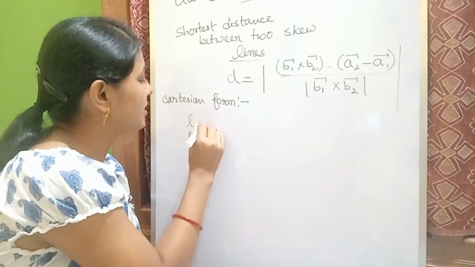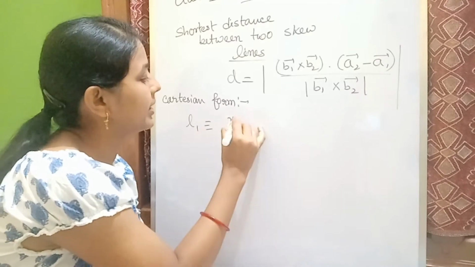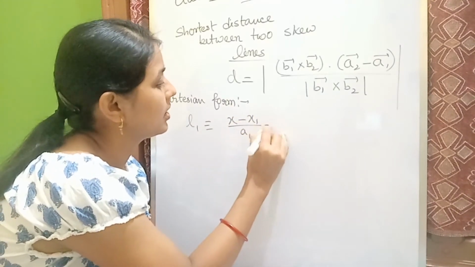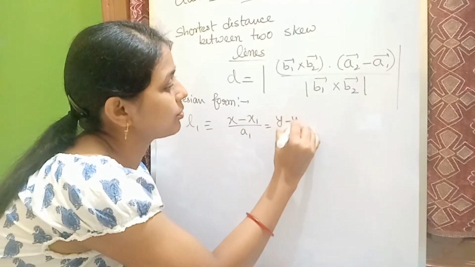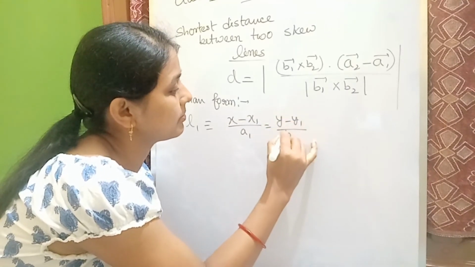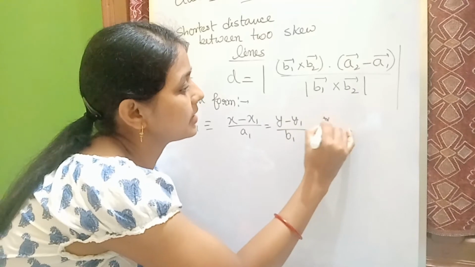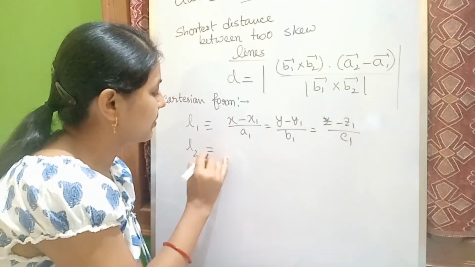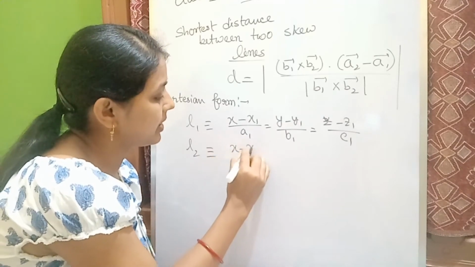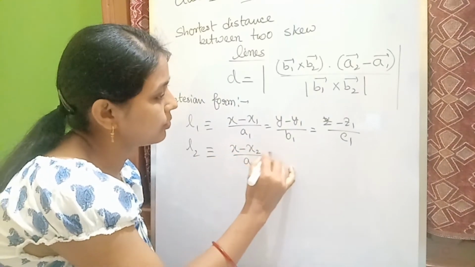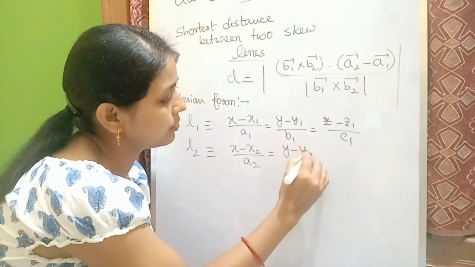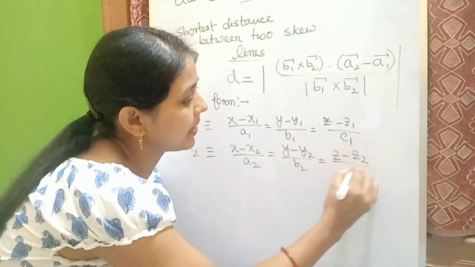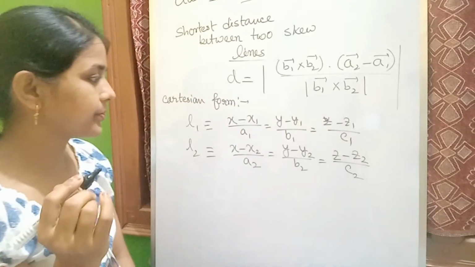Suppose L1 is represented with x minus x1 divided by a1 equals y minus y1 divided by b1 and z minus z1 divided by c1, and L2 is represented with x minus x2 divided by a2, y minus y2 divided by b2 and z minus z2 divided by c2.